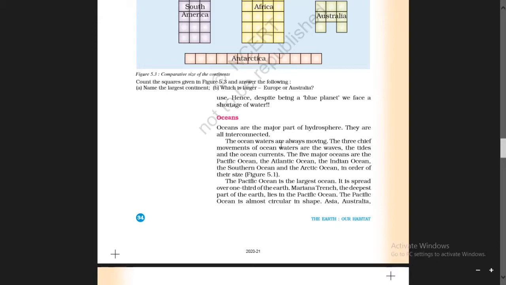The ocean waters are always moving. The three chief movements of ocean waters are the waves, the tides, and the ocean currents. Come on, underline this also. What are the three chief movements of ocean water? If this question is asked, you have to say the waves, the tides, and the ocean currents. These are the three chief movements of ocean water.